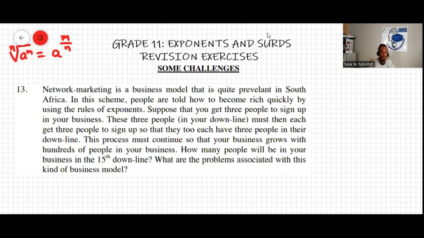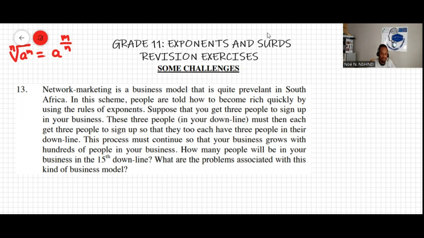Now we're going to do question 13. The question says that network marketing is a business model that is quite prevalent in South Africa. In this scheme, people are told how to become rich quickly by using the rules of exponents. Suppose that you get 3 people to sign up in your business.